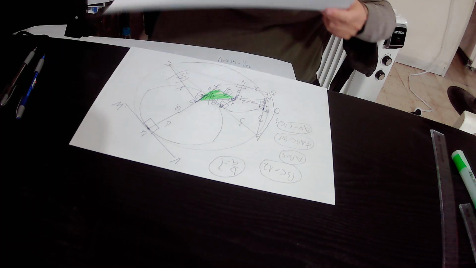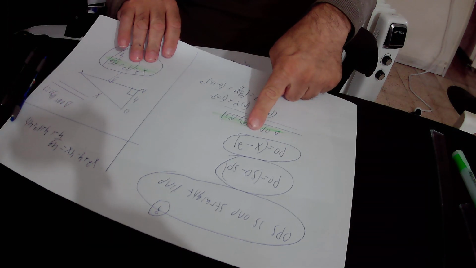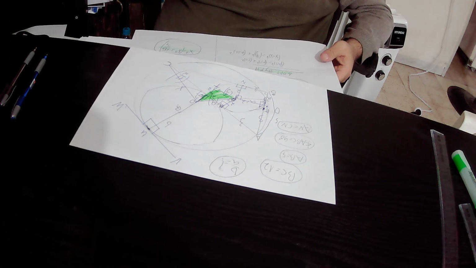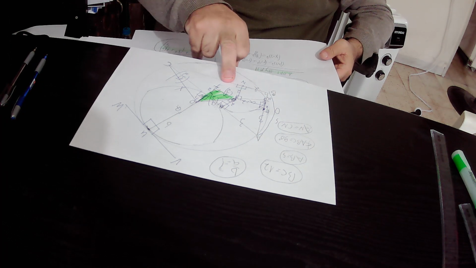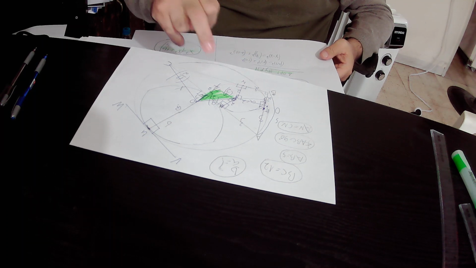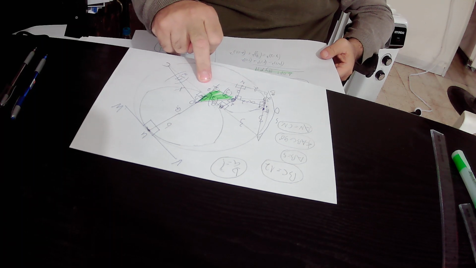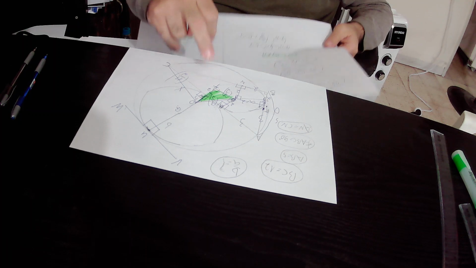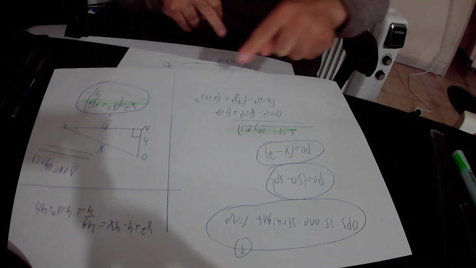We have already found out that PO equals X minus 2, therefore PO square must be equal to X minus 2 square. And it is equal to PT square. PT is 7 over 2, therefore PT square is 7 over 2 square, plus TO square. TO in total equals 2 plus H, therefore TO square equals 2 plus H square.